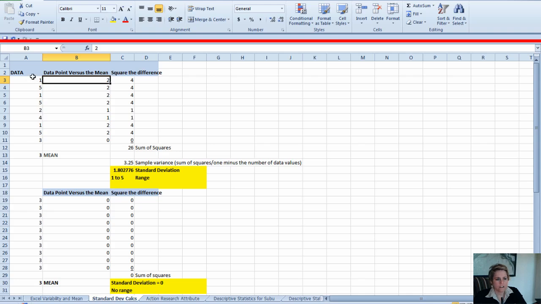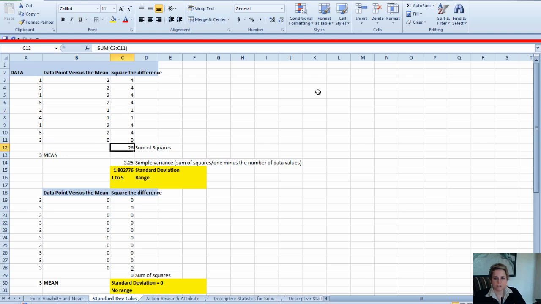So 1 minus 3 with absolute value is 2. 5 minus 3, 2. 1 minus 3, 2. 5 minus 3, 2. 2 minus 3 is 1, and so forth. Then you square them. So 2 times 2 equals 4. 2 times 2 equals 4. 1 times 1 equals 1. 0 times 0 equals 0.